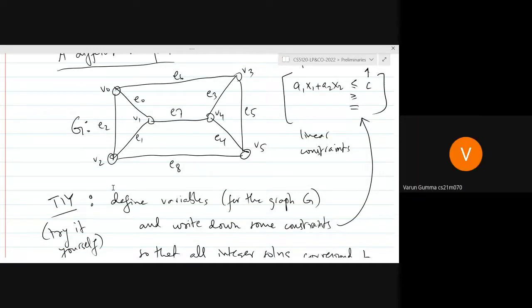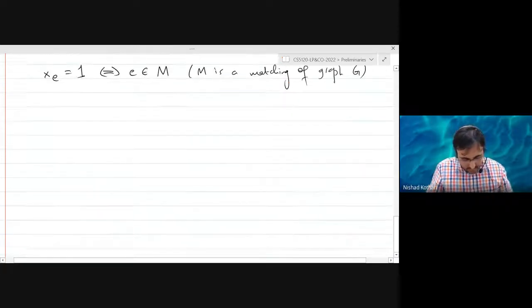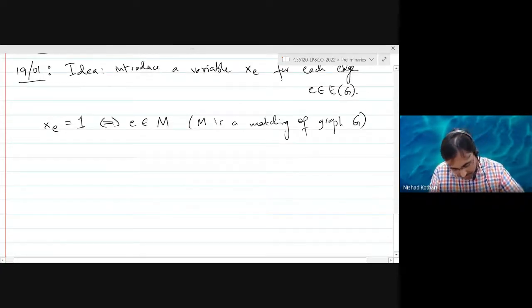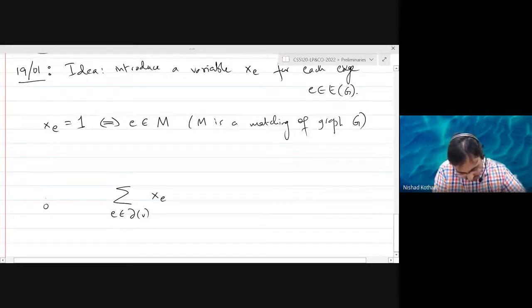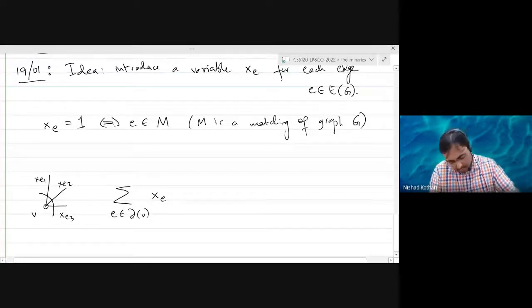So if I sum up all the variables corresponding to the edges incident at a vertex, how do you visualize this? This is a vertex V, and we are taking the sum over all of these variables, xe1, xe2, and xe3. So we want this sum to be at most 1.